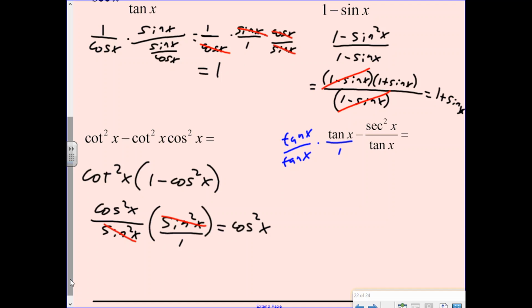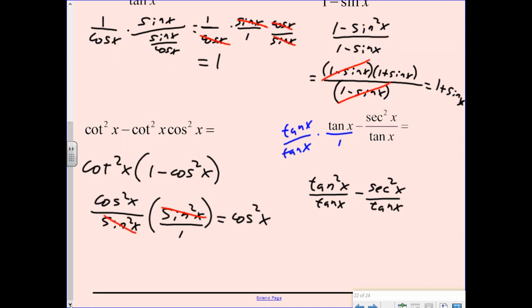If I do that, I've got tangent squared x over tangent x minus secant squared x over tangent x. So I've got my common denominator. I can put them together, which means I have tangent squared x minus secant squared x all over tangent x.